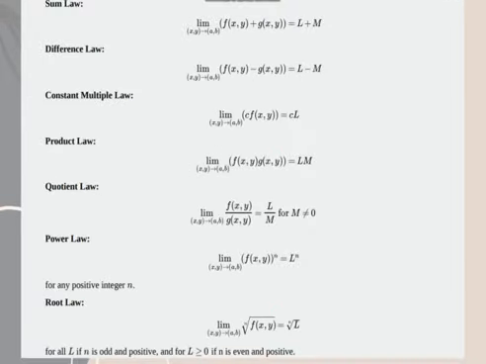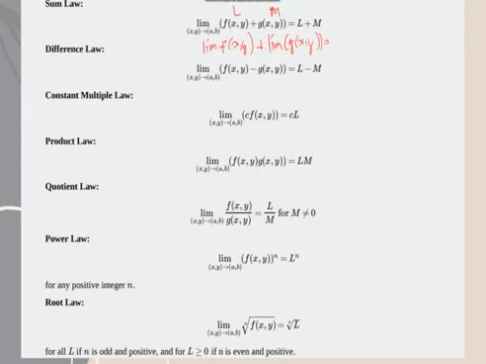Next, we have the sum law. Suppose the limits of your f of x, y and g of x, y are L and M. You can separate them. It can become the limit of f of x, y plus the limit of g of x, y. Okay? You can separate them. The difference law is similar.